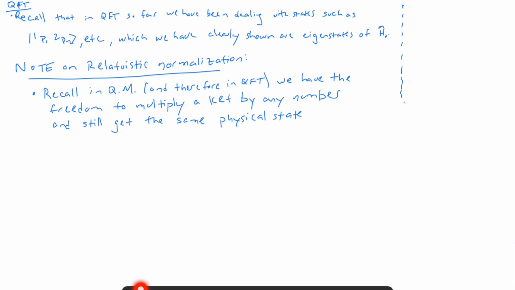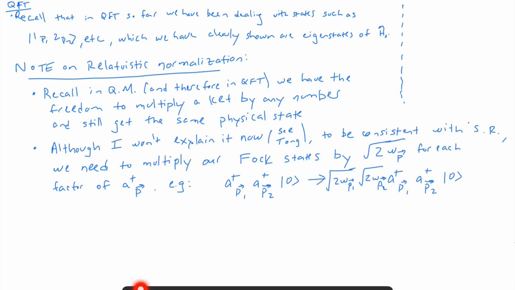We'll talk a lot more about special relativity as we get further in. But just know that if you look at David Tong, he gives some better explanation, but still you need to think about it a lot more as to why. We said that our state of having two particles, one of momentum P1 and the other momentum P2, we can take the ground state and hit it with a dagger P1, a dagger P2, where I put this vector sign over it.